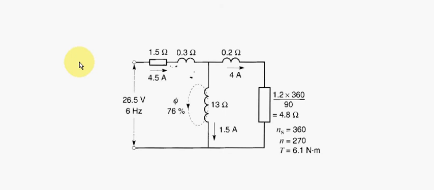Now most drives, there will be some parameter in there where you can view the running current of the motor. So this is just a little trick that you can do.